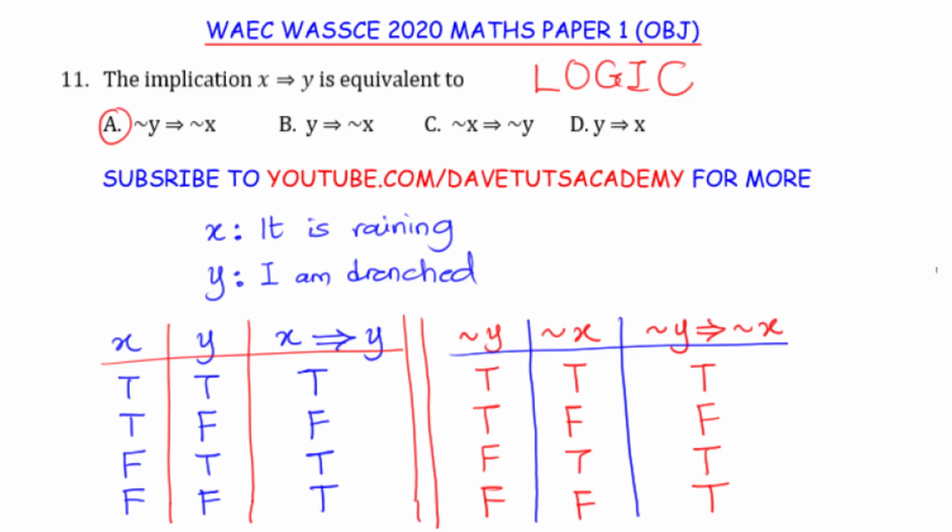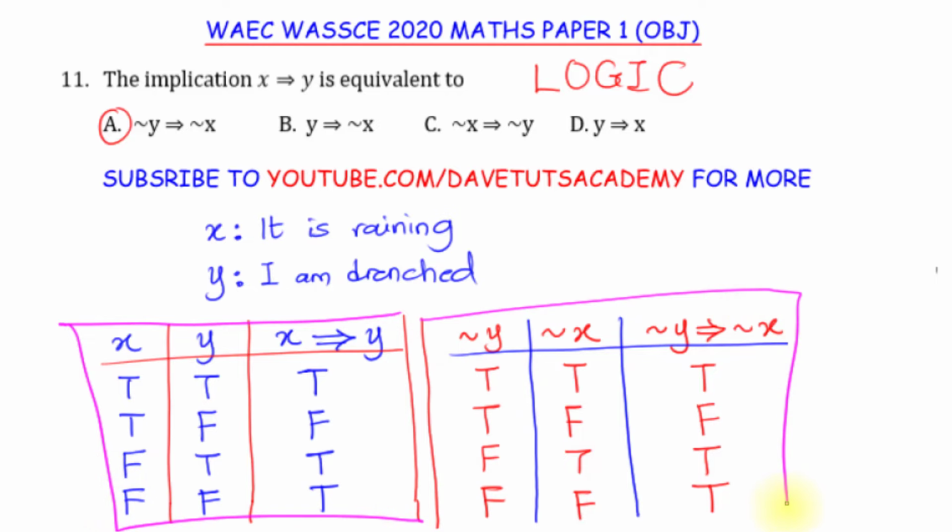Alright, so now having come up with that table, if you consider this particular table here, you can see that actually the truth table is the same for the two. We have TTT here, TTT, TFF, TFF, FTT, FTT, and FFT, FFT.